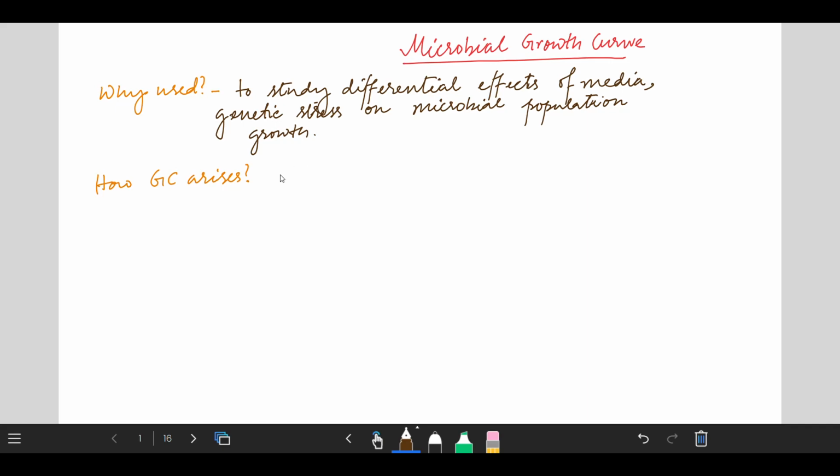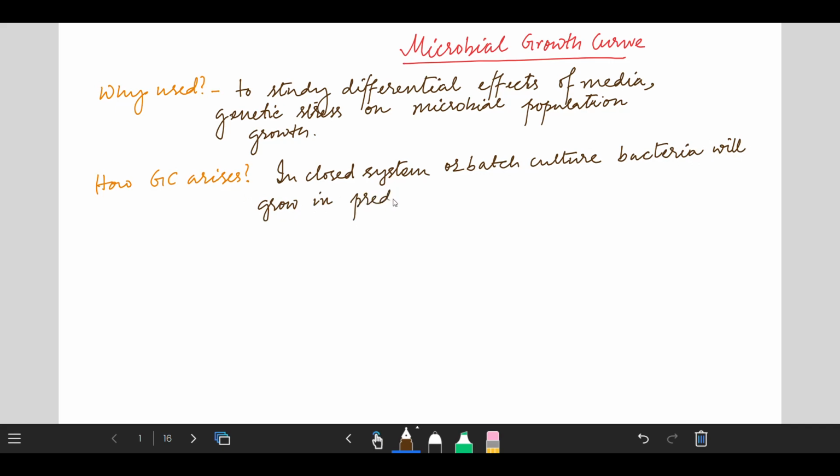So, in a closed system or batch culture, bacteria will grow in a predictable pattern, resulting in a growth curve.